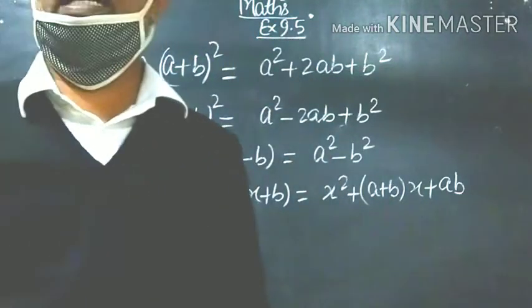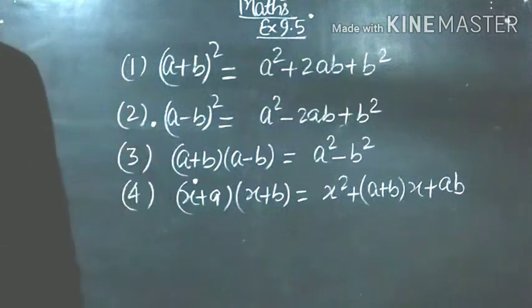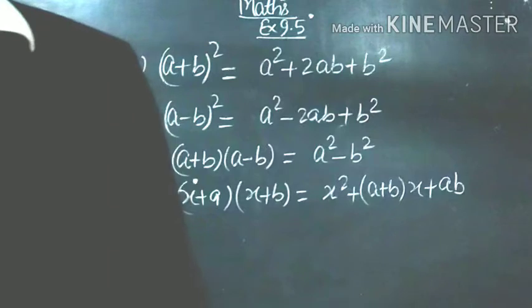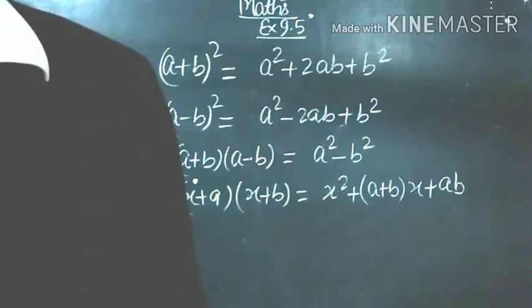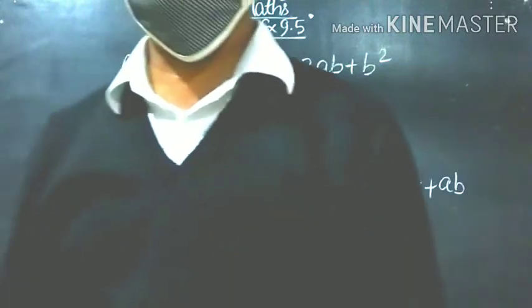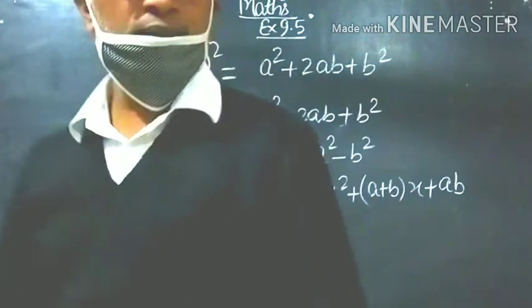Our exercise 9.5 first question is: use a suitable identity to get each of the following products.